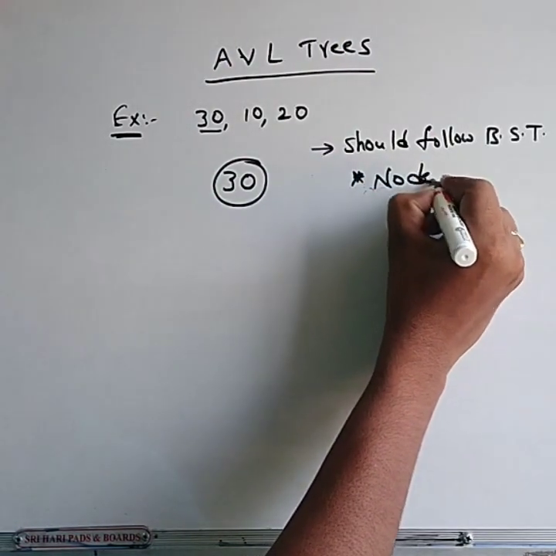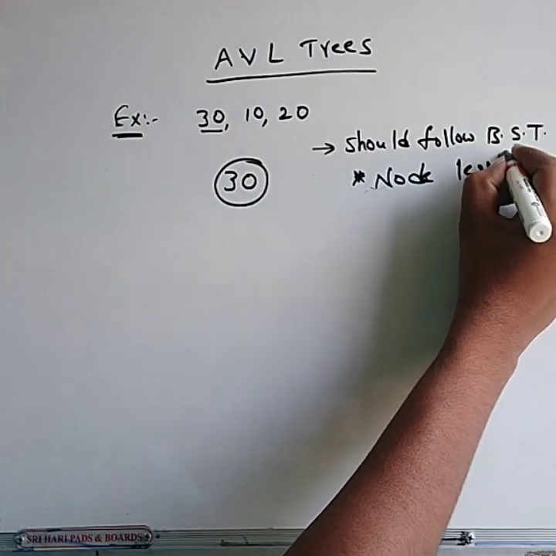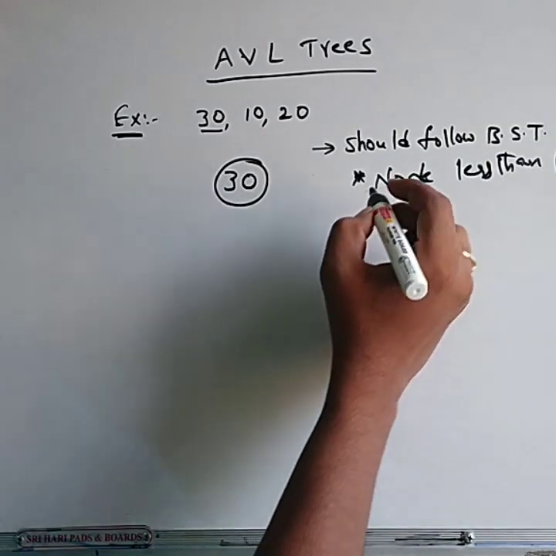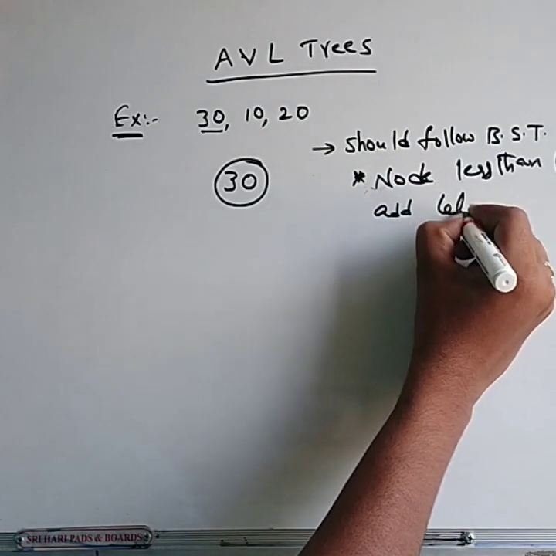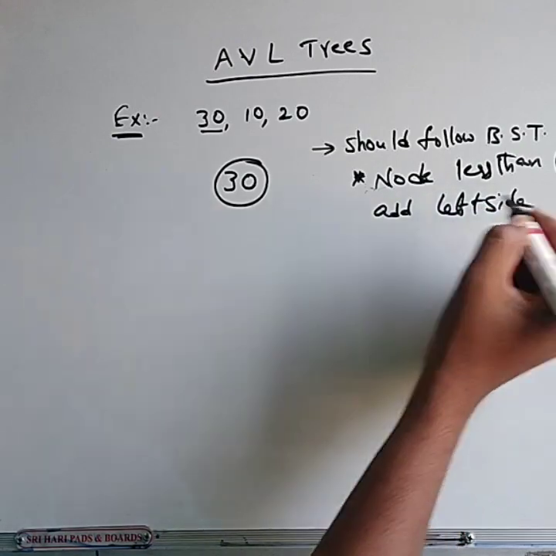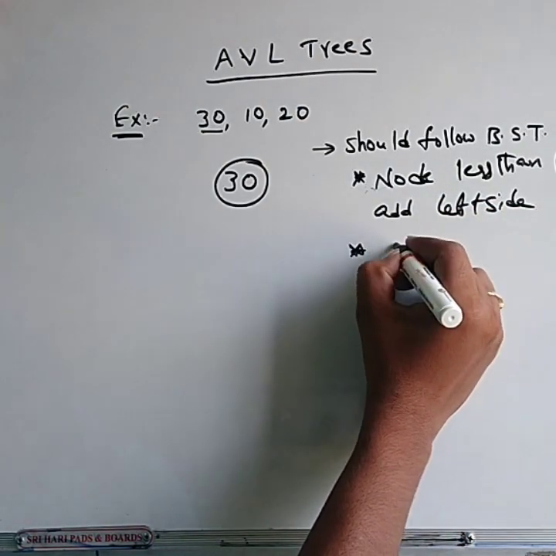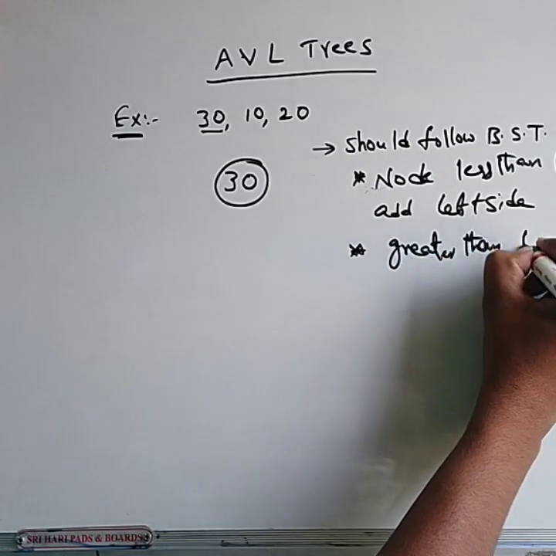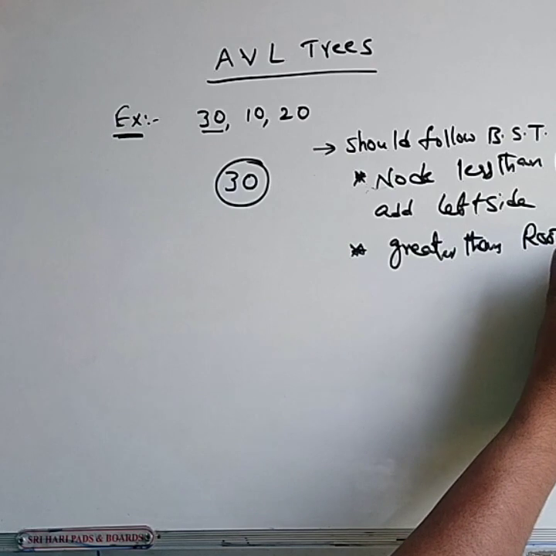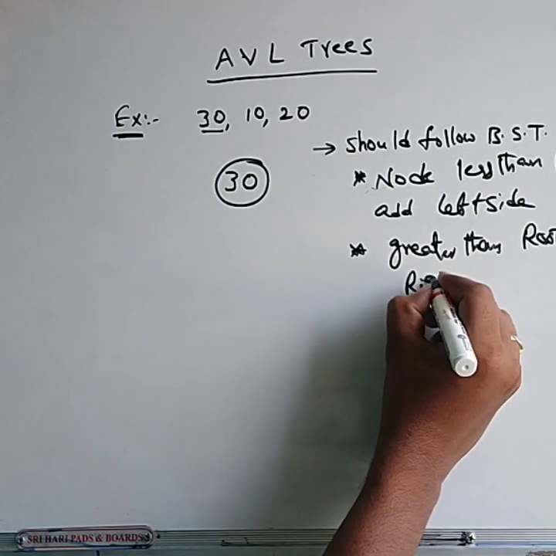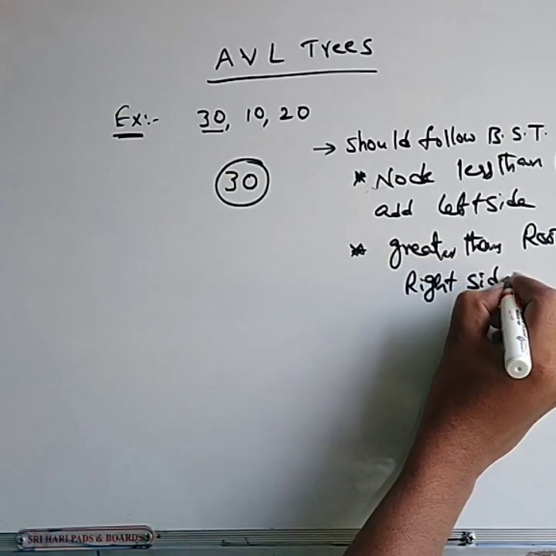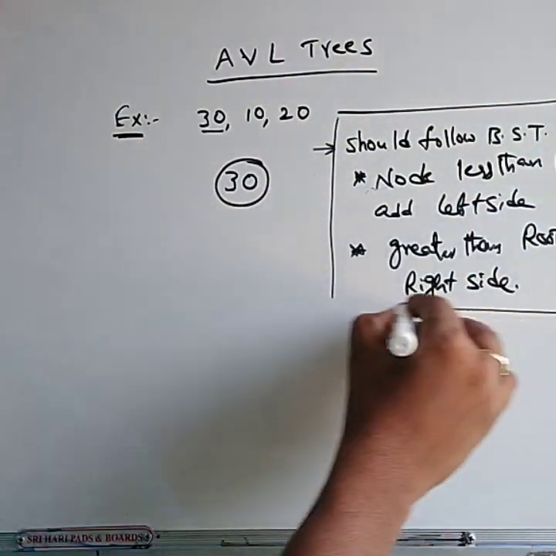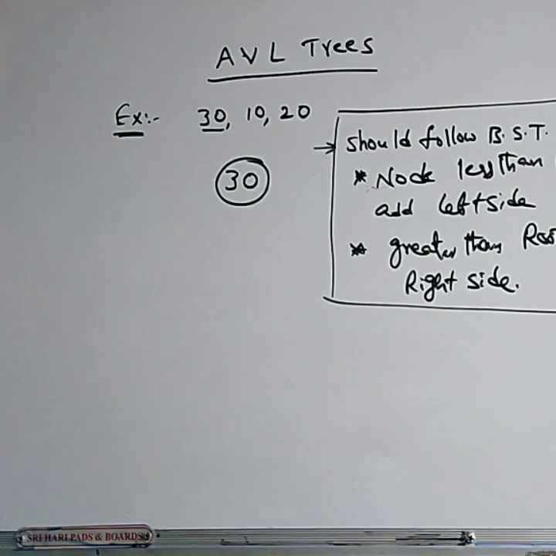If the node is less than the root, add it on the left side, or if the node is greater than the root, add it on the right side. So that is the rule of a binary search tree. I think you are clear about the rules of BST.